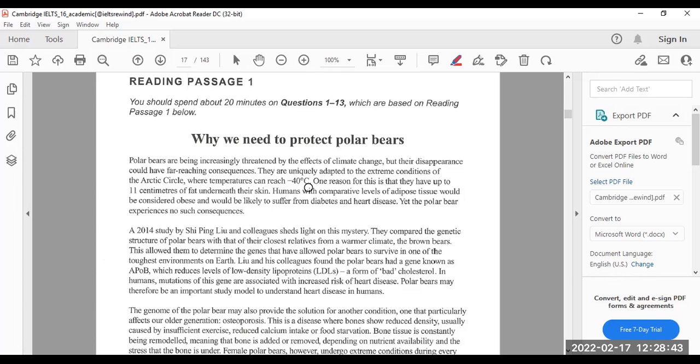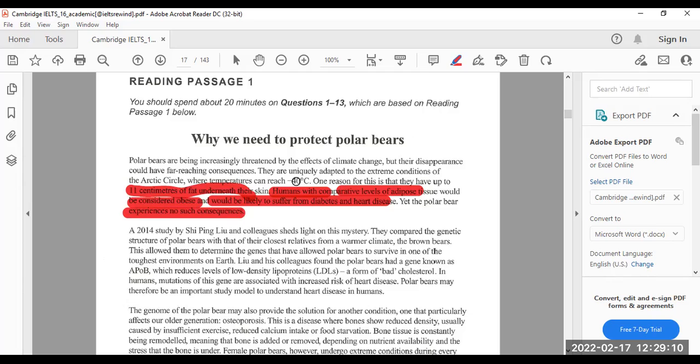See here, one reason is that they have 11 centimeters of fat under their skin. Humans with comparative levels of adipose tissue would be considered obese and would be likely to suffer from diabetes and heart disease. Yet the polar bear experiences no such consequences.